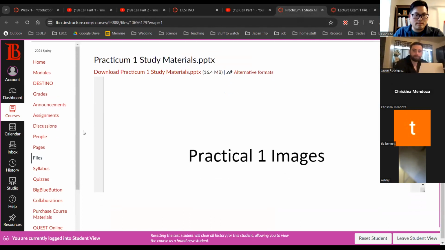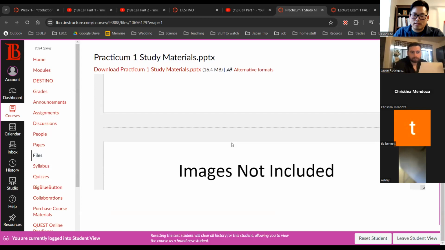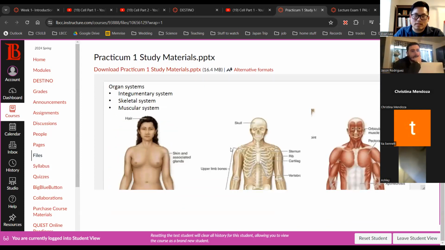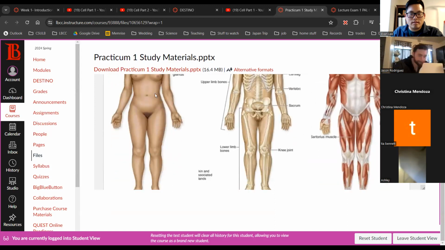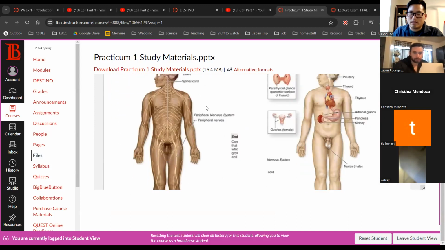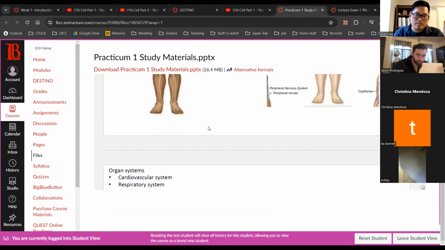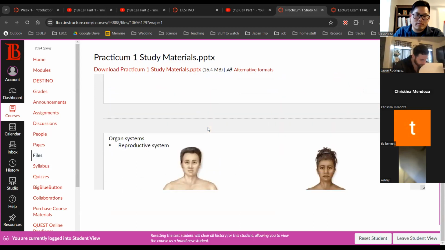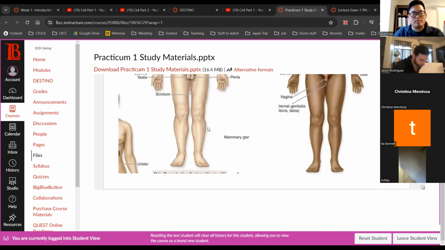So if you look closely, these are practicum study images, which I will be adding more to, because I think there were some requests for more images. These are just more images supplemental to the PowerPoints or the lectures, which have more examples and more perspectives so that you can find these in different ways.